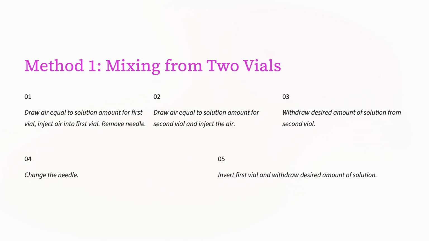You would inject air into both vials, and then withdraw the desired amount from each one. And then you want to change the needle. When we do IM injections, we want to draw up the medication and then change the needle, so we give them a nice sharp needle.